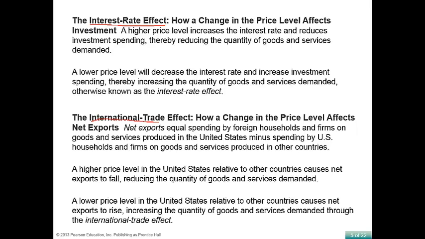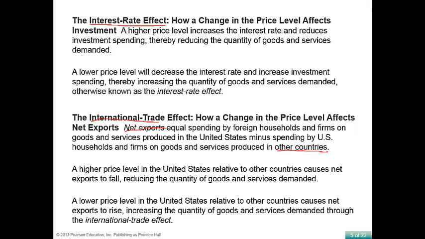The difference between what a country exports and what it imports is known as net exports. Net exports equal the spending by foreign households and firms on goods and services produced in the United States minus the spending by U.S. households and firms on goods and services produced in other countries.